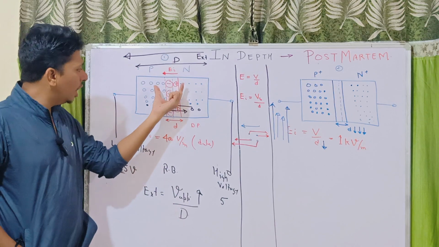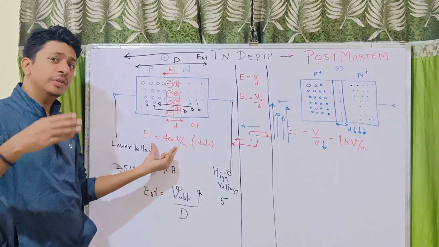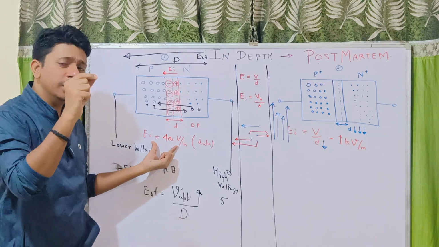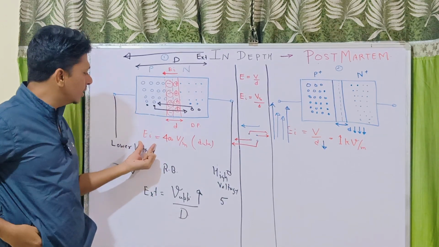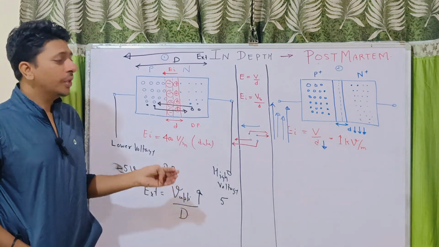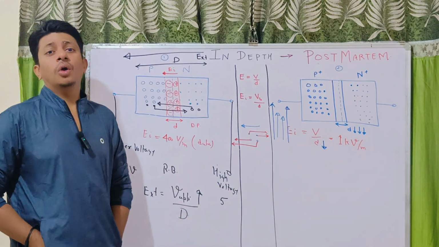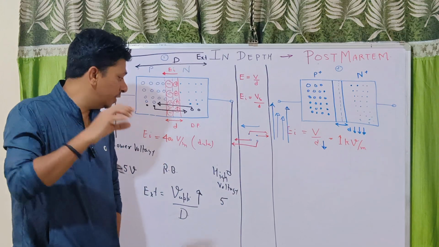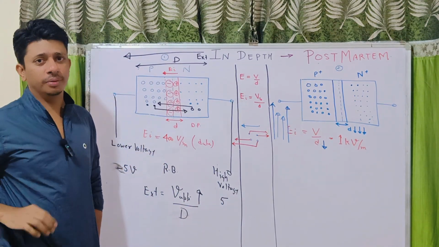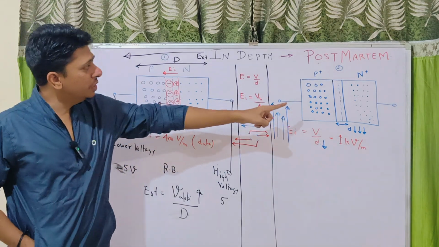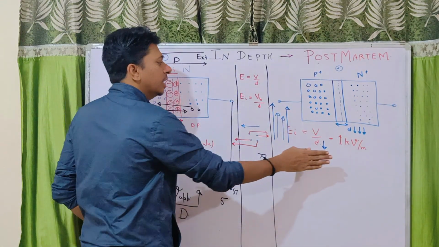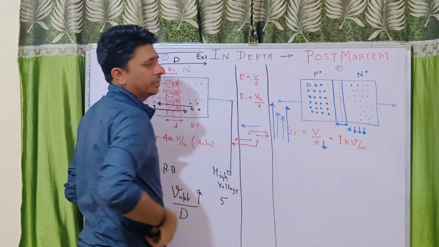But if this internal electric field is already high, then if you increase the voltage a little bit, the electric field will become near about 1300 or 1400. This 1300 or 1400 electric field is capable of breaking the covalent bonds suddenly, and this is achieved in this condition because the electric field is already very high.